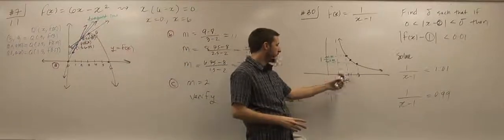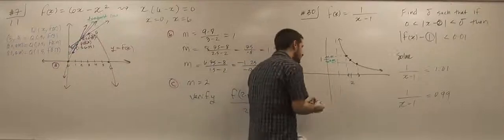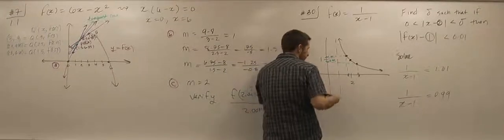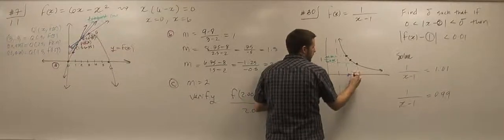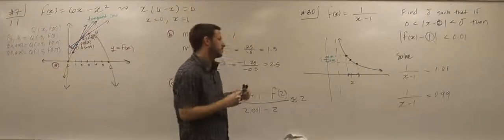After you solve those, that will give you x values down here, and once you have these x values, you can figure out how far those x values are away from 2. So you can figure out that distance.